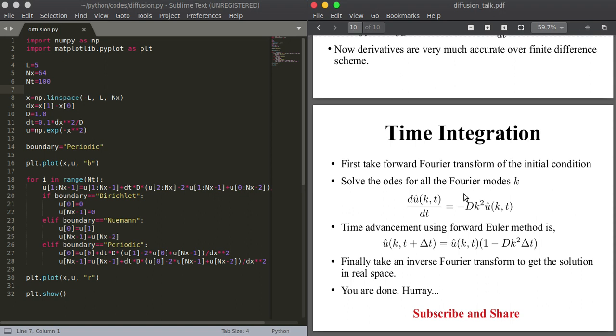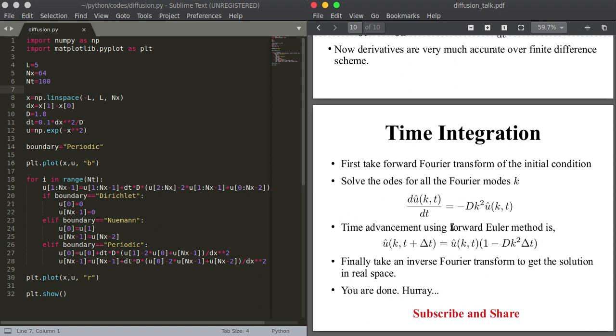These k's are basically the spectral modes. Then integrate and evolve in time. After the time evolution, just take an inverse Fourier transform to get the real space function back. So this is the spectral method.